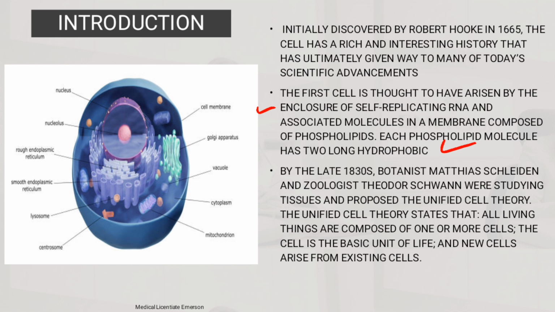The unified cell theory states that all living things are composed of one or more cells, the cell is the basic unit of life, and new cells arise from existing cells.